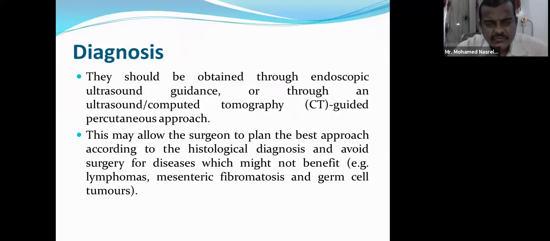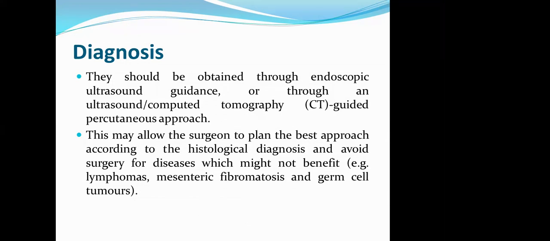We have to do these biopsies to exclude or confirm the diagnosis, and to avoid unnecessary or unplanned surgery for lymphomas, mesenteric fibromatosis, and adrenal gland tumors, which can attain a huge mass in this area, and also sarcomas from the mesentery and greater omentum, like some liposarcomas.